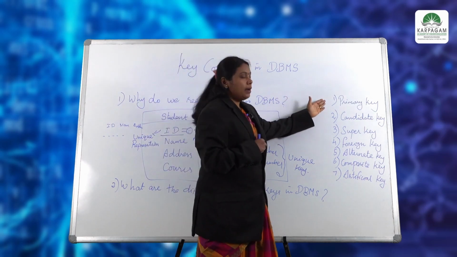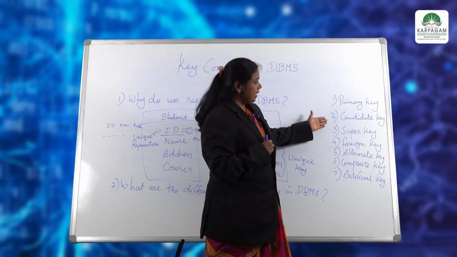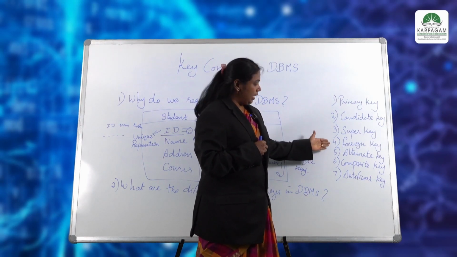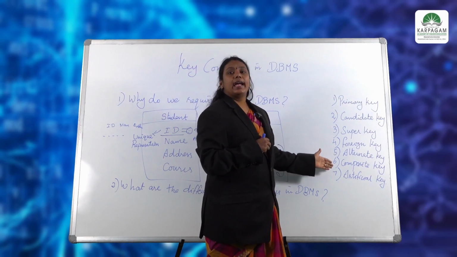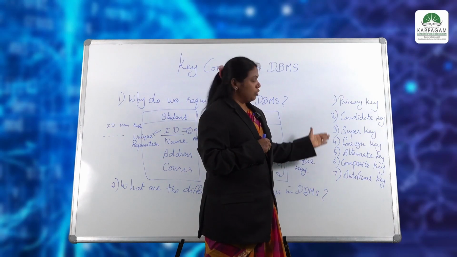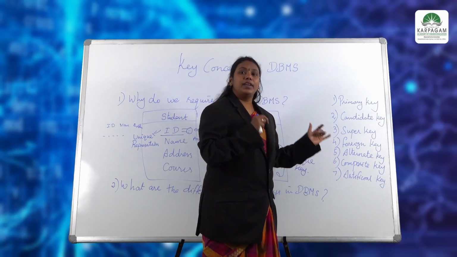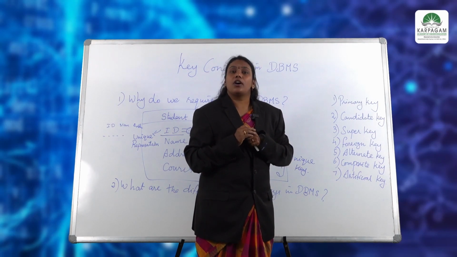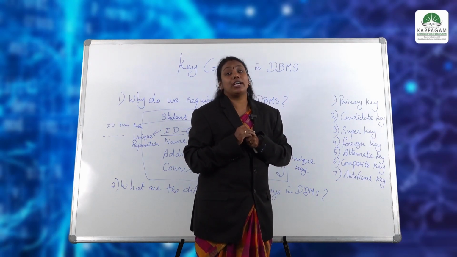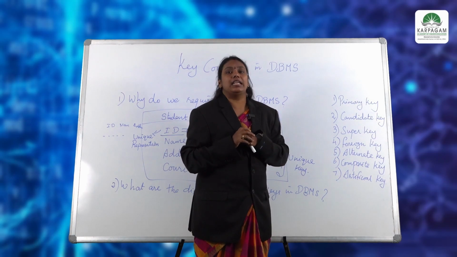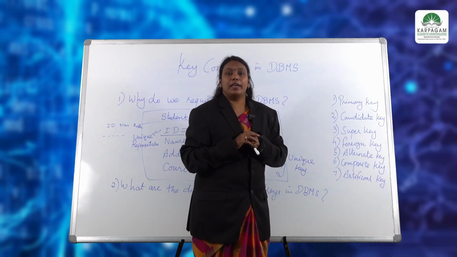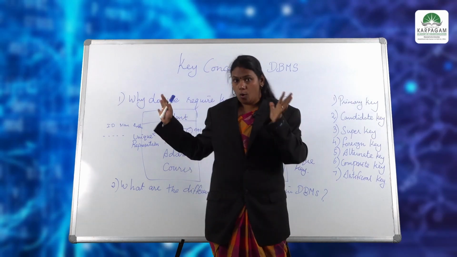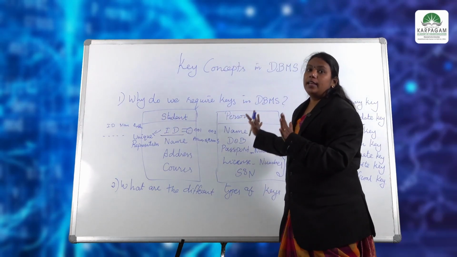The first one is the primary key, then candidate key, super key, foreign key, alternative key, composite key and artificial key. When we open the database, we can get information on whatever fields, columns, rows or tuples we need. So this is an overall introduction to keys.